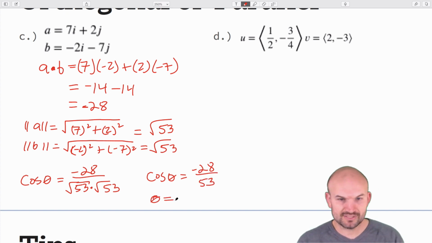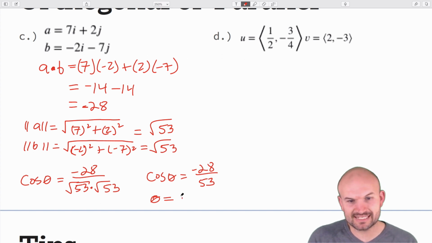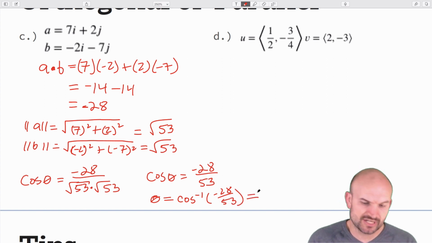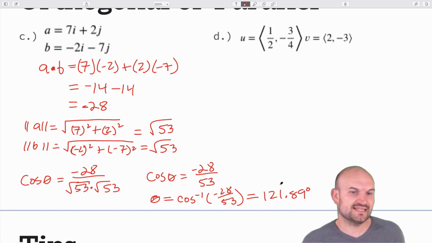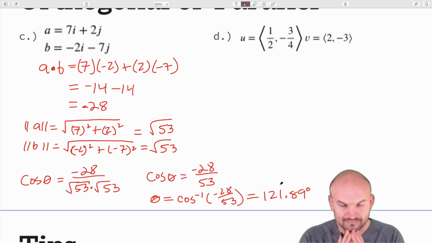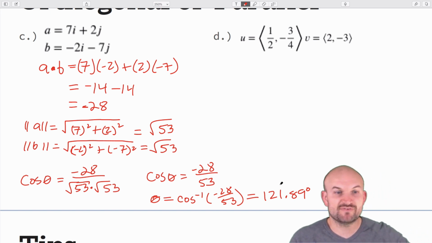Therefore, theta is going to equal the cosine inverse of -28 over 53, which equals, I don't remember, so I'm going to type it in, -28 divided by 53, cosine inverse of that answer is going to equal 121.89 degrees.